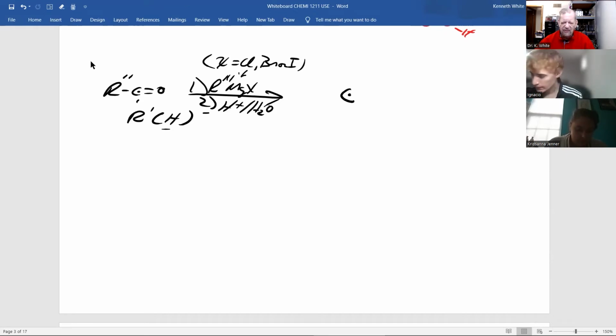Keep your eye on the carbonyl carbon. What's attached to it? R prime or hydrogen. R double prime is still attached to it. This becomes an alcohol, OH, and then you do that very special thing.